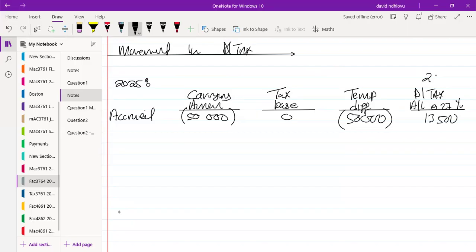Right, good people, are we clear about that? Right, are we there? We are very quiet. Are we clear? Right, wonderful. So this year, 13,500 represents a deferred tax asset.